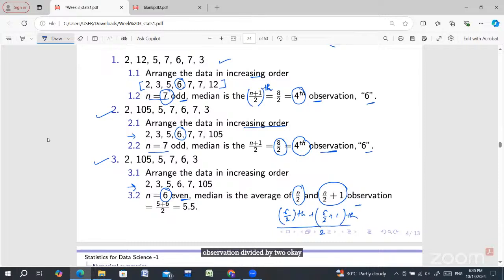So the third observation plus the 4th observation divided by 2. The third observation is 5 and the 4th observation is 6. So 5 plus 6 divided by 2 is equal to 5.5. So 5.5 will be your median in this case.